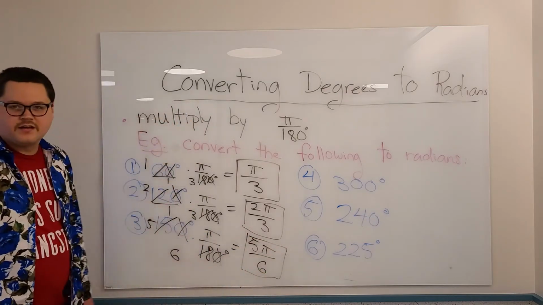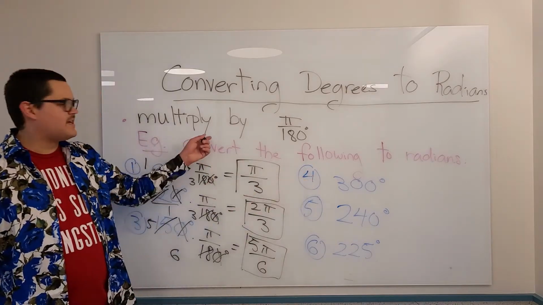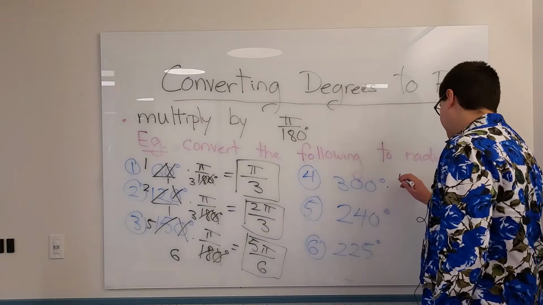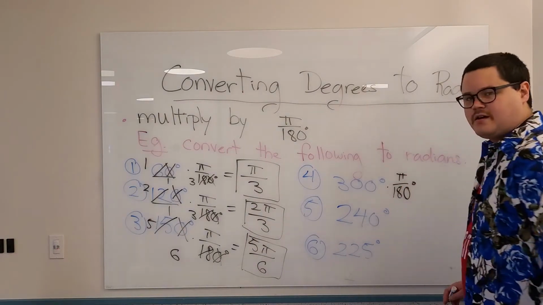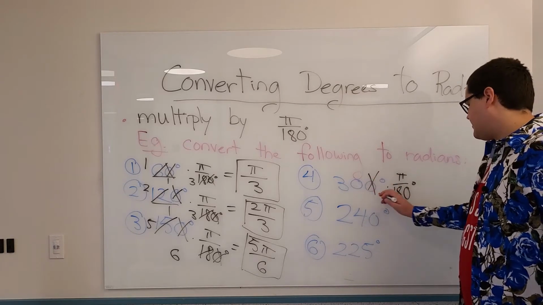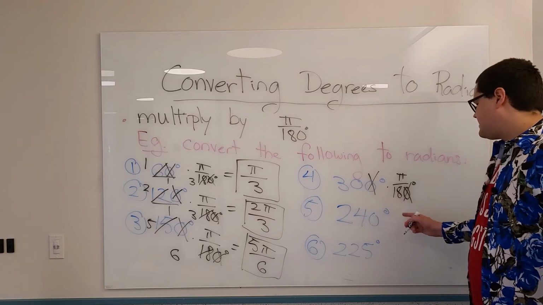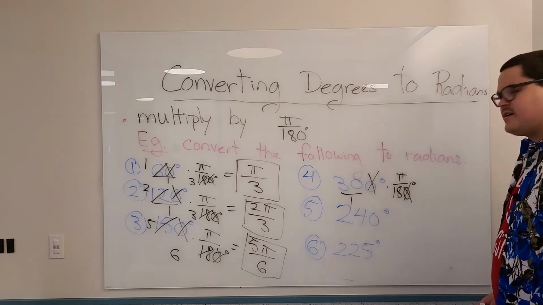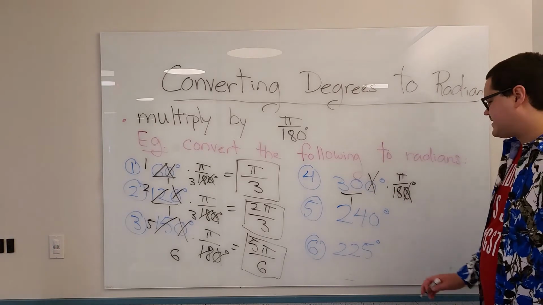All right, on to 300 degrees. Same thing, pi over 180. Same thing, the trailing zeros, we can just cancel them out. Now we have 30 upstairs and 18 downstairs. Remember, this is really 30 over 1. Any common factors here? What about 6?